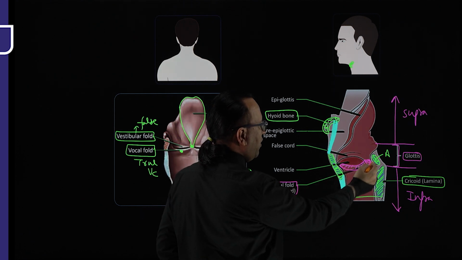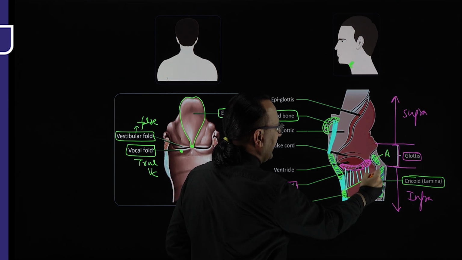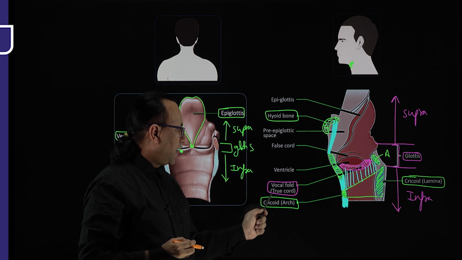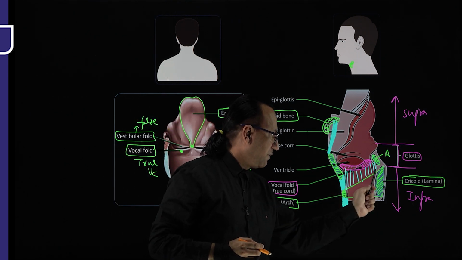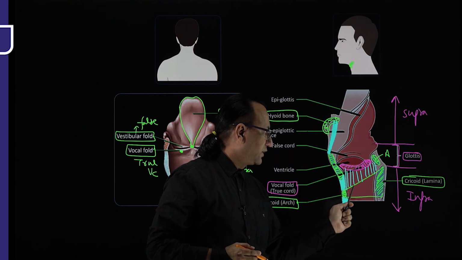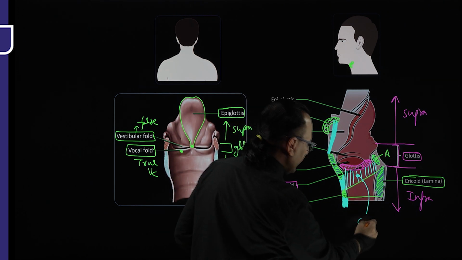the upper free end of a ligament, which is kind of a triangular ligament attaching to the arch of the cricoid cartilage. So attaching to the arch of cricoid cartilage, you see this membrane, which is a triangular membrane, and this membrane is called as cricovocal ligament, forming conus elasticus. So here, this is the conus elasticus.